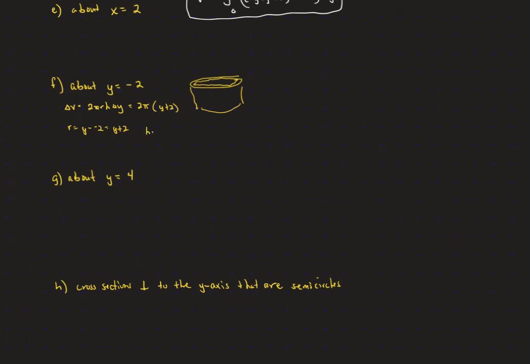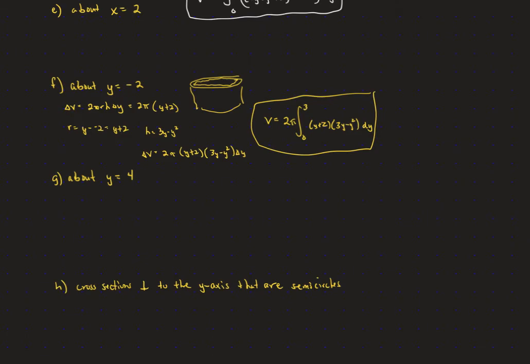So our height is going to be 3y minus y squared. So our delta volume is going to be 2 pi times the radius times our height, which is 3y minus y squared, delta y, making the volume our integral, 2 pi times the integral from 0 to 3 of y plus 2 times 3y minus y squared dy.